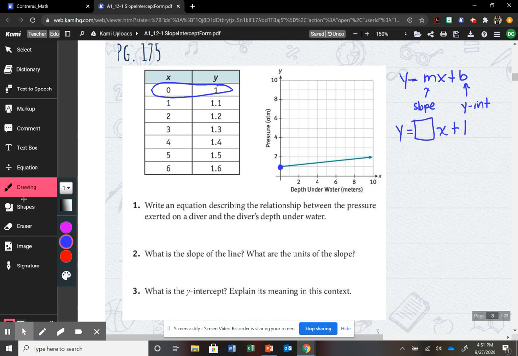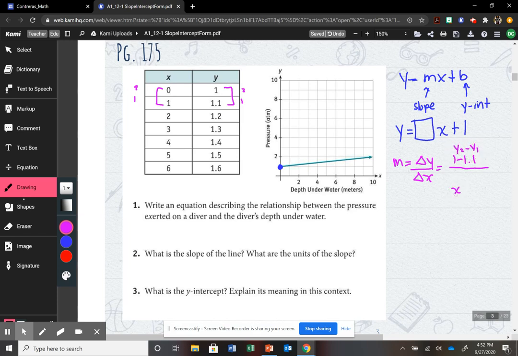Okay, so it's kind of hard to get that from this graph. So what we're going to do is we're going to choose 2 points on the table. I'm going to put the first 2 points, and we know that our m, our slope, is our change of y over our change of x. Okay, so we're going to start with our y. So we're going to do 1 minus 1.1, and I'm calling this 0.2 and 0.1 because it is y2 minus y1.